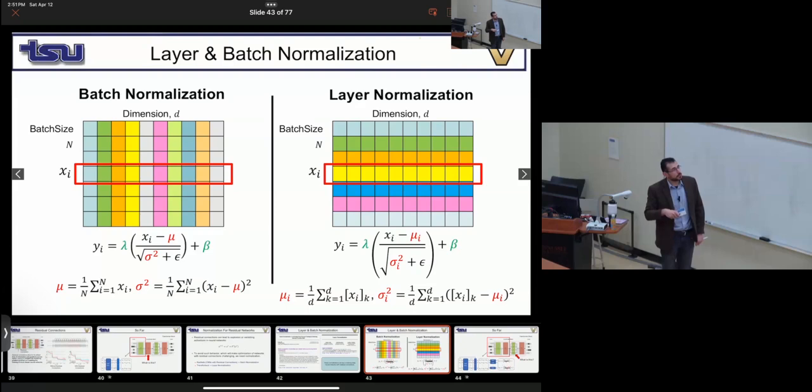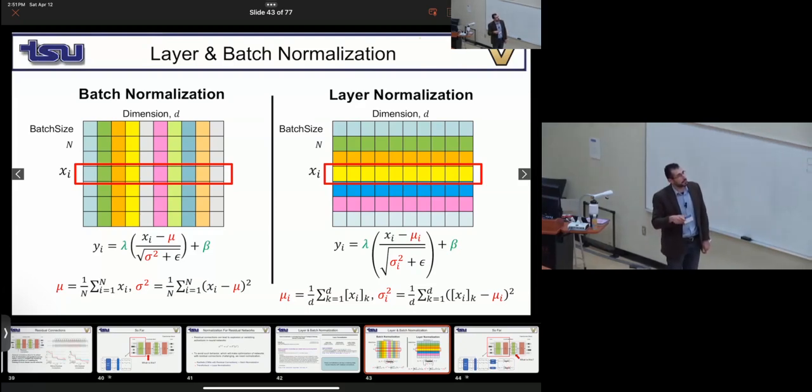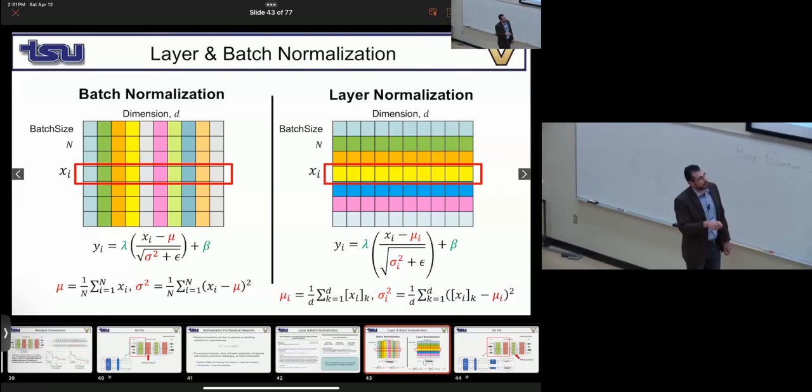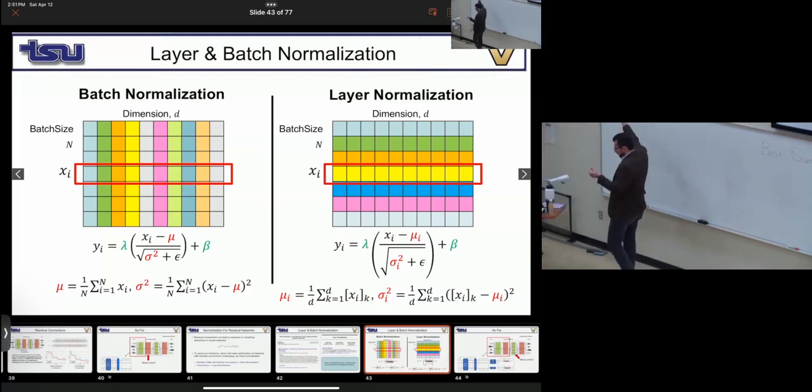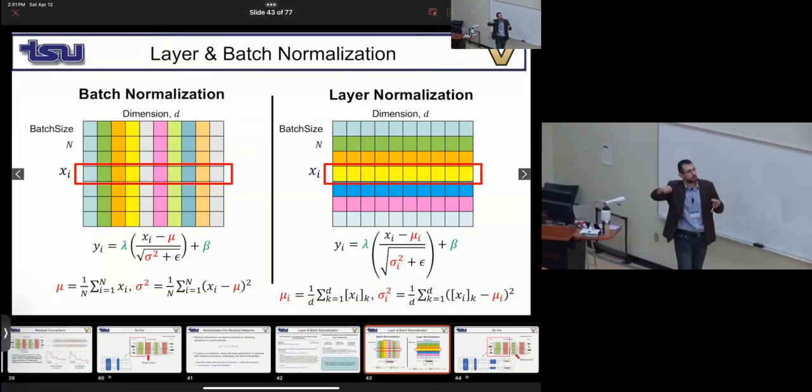So layer normalization does the normalization very much like what we had here, but instead of calculating the means for each feature, you calculate the mean of all features for the same x. I define this mu as the average of the values of this vector, and I calculate the standard deviation. This is akin to moving things on a sphere.